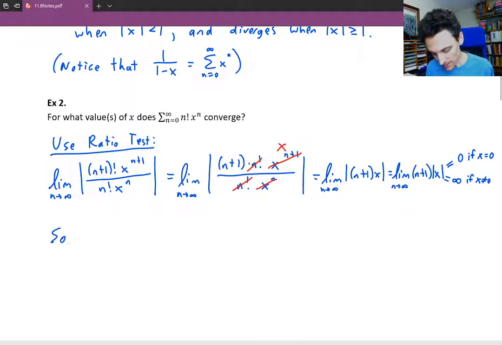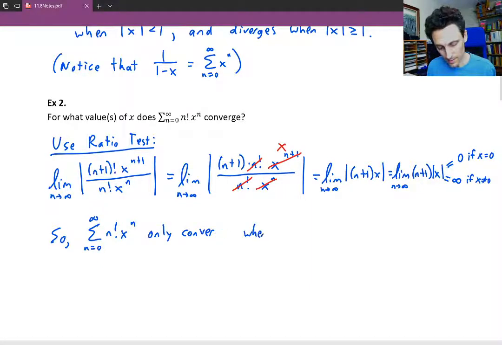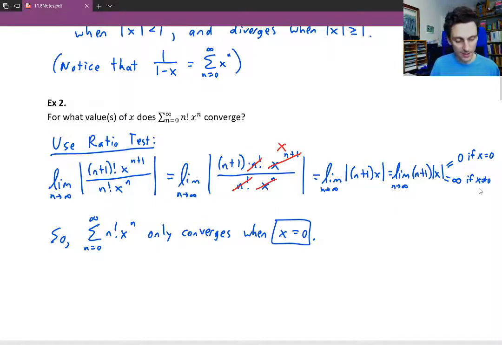So our series only converges when x is equal to 0. That's the only time it converges. The rest of the time, for x not equal to 0, this limit is infinity, and the ratio test would say the series diverges for those x values.